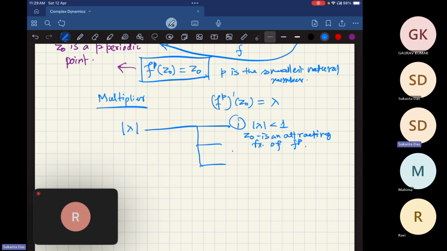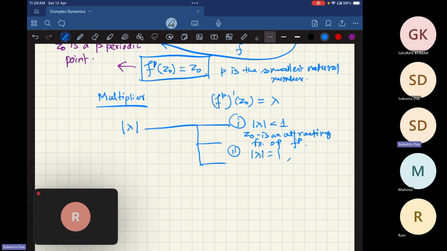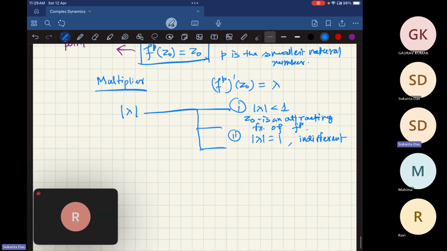And similarly, the second one is if mod lambda is equal to 1, then I will say that this periodic point for f, or fixed point of f^p, is indifferent. These are just some notations. And the third one, if mod lambda is strictly greater than 1, then I will say that this z naught is repelling.